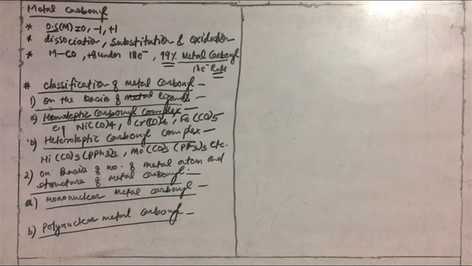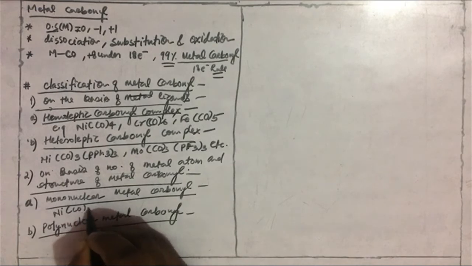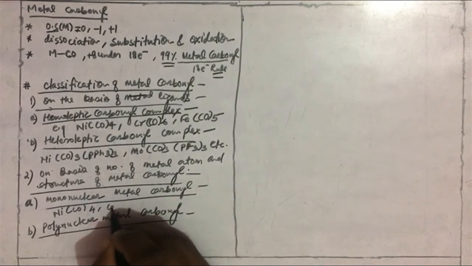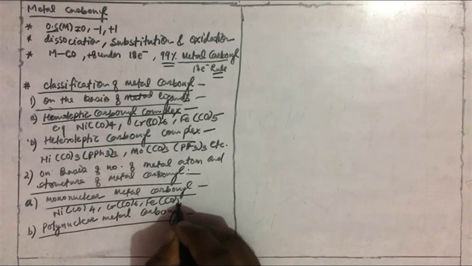So what is mononuclear metal carbonyl? It contains only one metal atom and does not contain any bridging CO ligands. Examples are Ni(CO)4, Cr(CO)6 and Fe(CO)5.